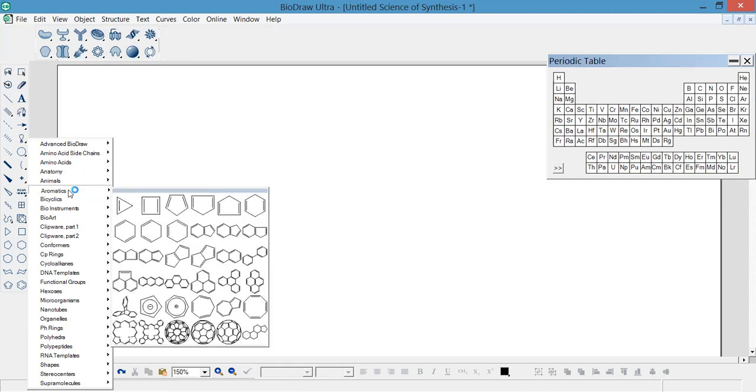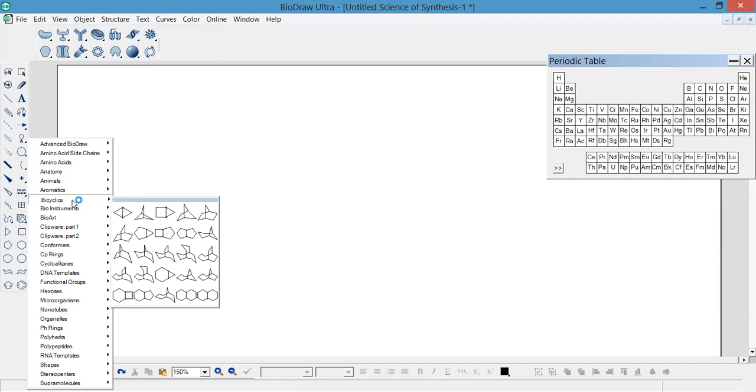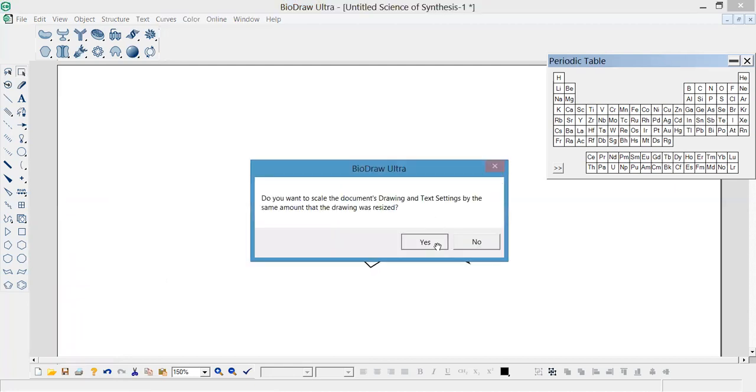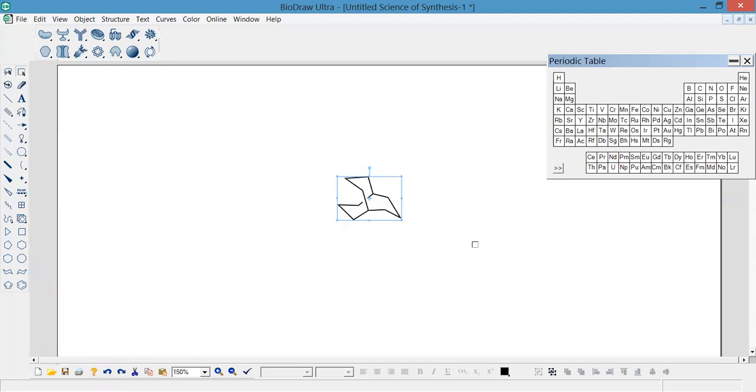These are the different cyclic systems that are already present in this system. By using this, you can draw the cycles or rings, different types of rings. These are the bicycles, which are involved in many chemicals like tropane alkaloids. This is a biological system. This is a bicyclic compound, and we can draw the structure by using a bicyclic compound.